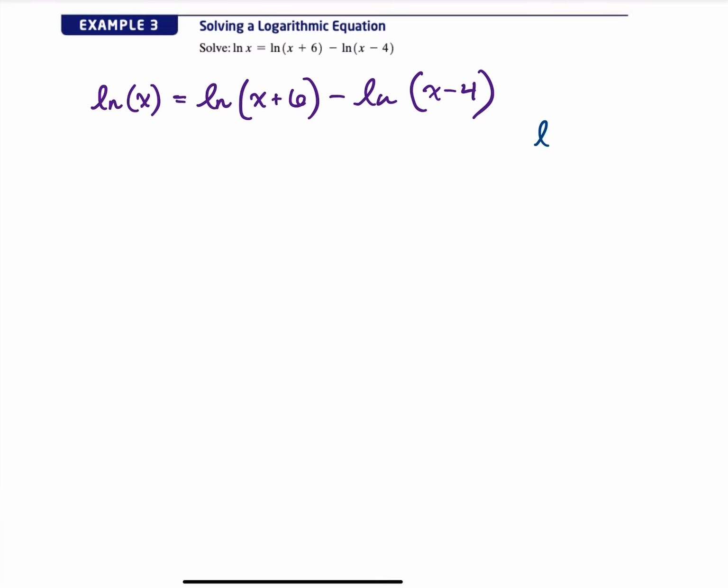If we have natural log of a division, it can be split up into a subtraction or vice versa. If we have a subtraction of 2 logarithms with the same base, it can be combined together into a single logarithm with the original arguments divided.